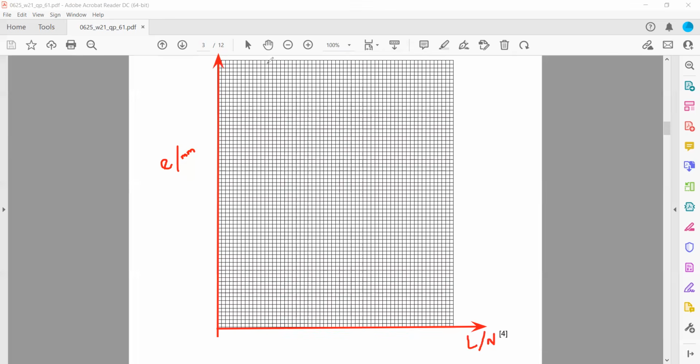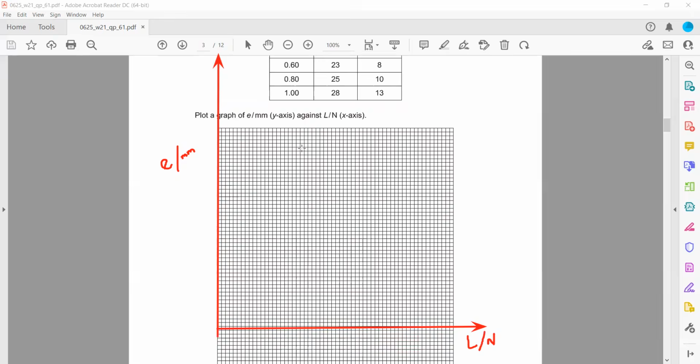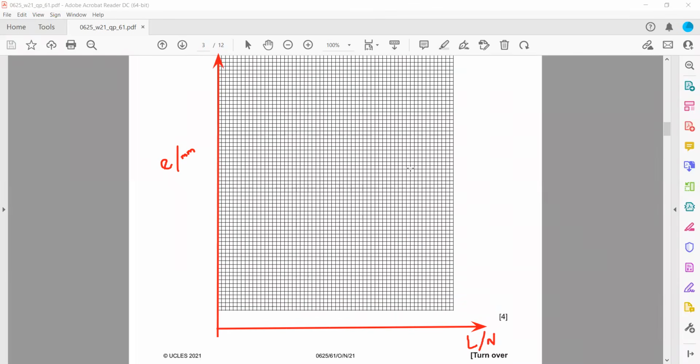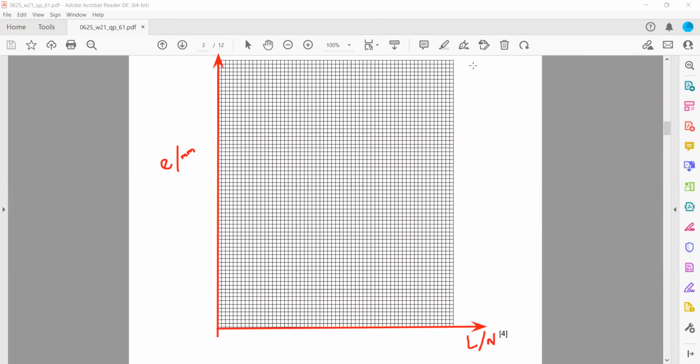Newton. Then you have to select a scale according to the values given in the question. The load is from 0 to 1. And extension is from 0 to 13. So try to expand the scale so that you can cover 70% of your graph paper.